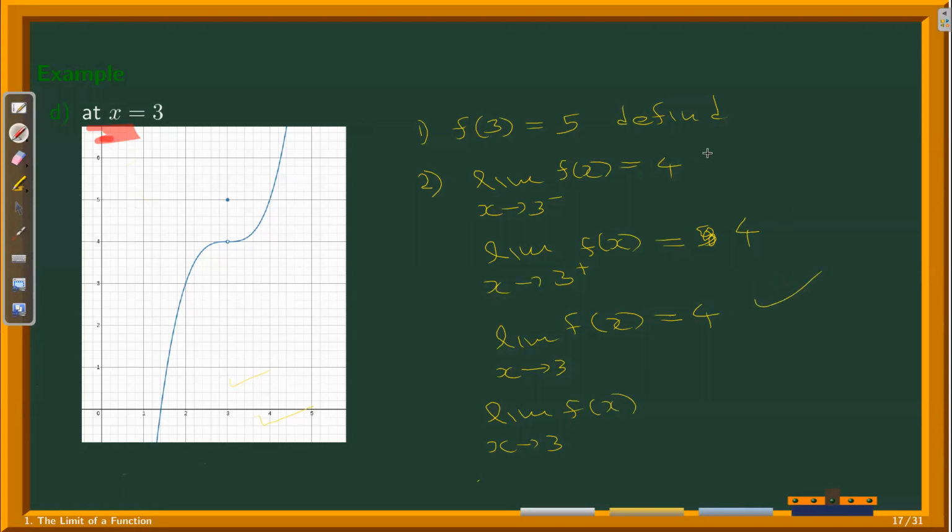No, the first one is correct. Then the limit is not equal to f of 3. Okay, so the third condition is broken. F is not continuous at 3. Okay, it's continuous at other points.